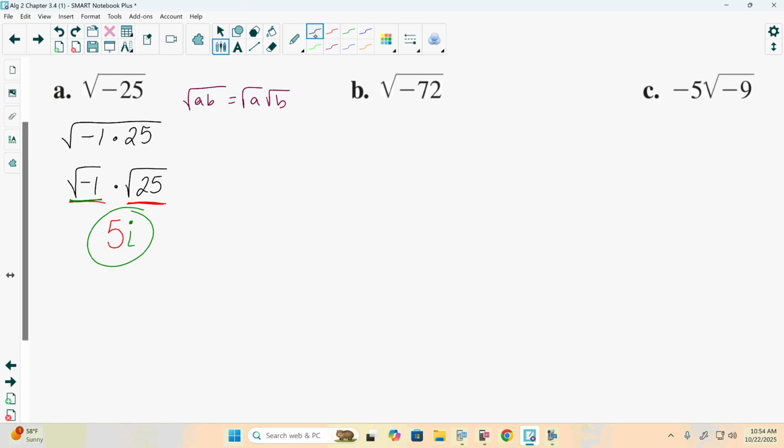Let's look at B. We have the square root of negative 72. Now we can do like we just did. We can look at it as negative 1 times 72, which we can say is the square root of negative 1 times the square root of 72.